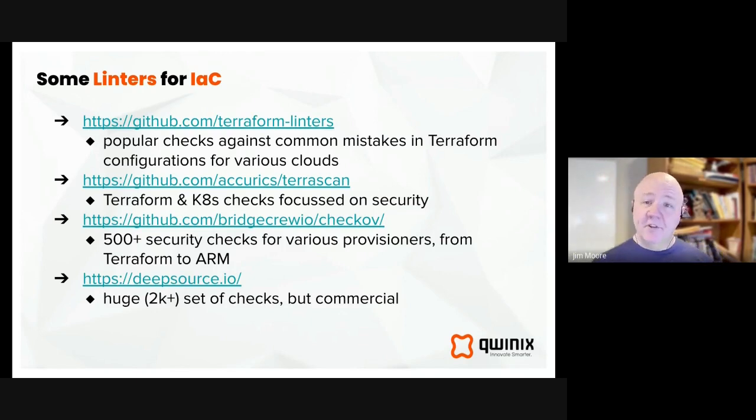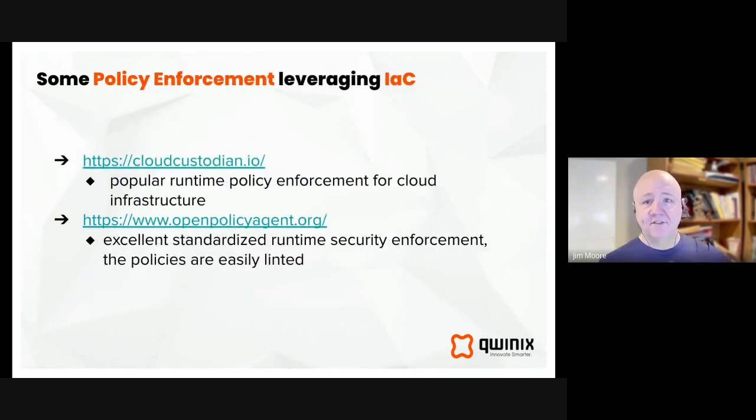And in addition to linting, that's static analysis, you can also do runtime analysis and policy enforcement. Two of the more common ones for that would be Cloud Custodian, which is also open source, as well as OPA, Open Policy Agent, for helping secure your authentication and authorization, particularly your authorization rules as they move through things.